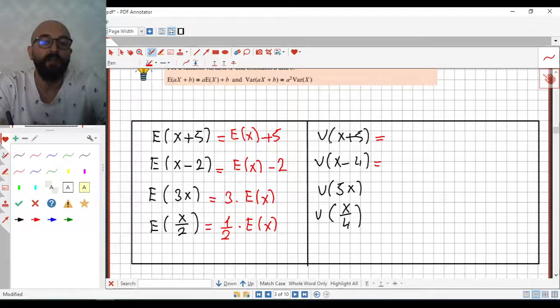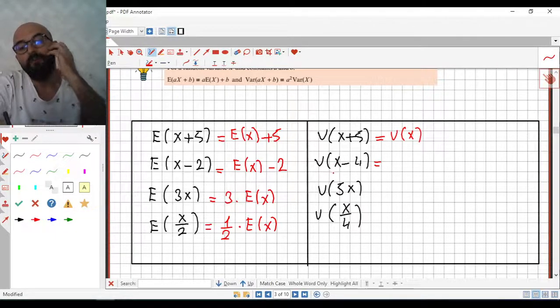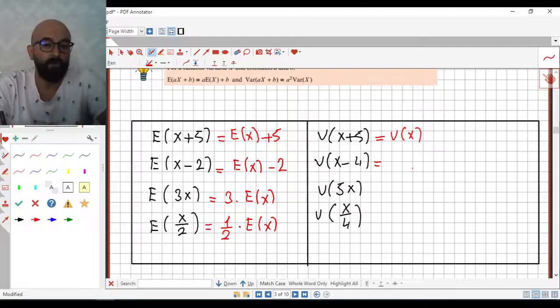So the variance of X plus 5 equals the variance of X, and the variance of X minus 4 equals the variance of X. But if you multiply by 5 or divide by 4, the variance changes every time.